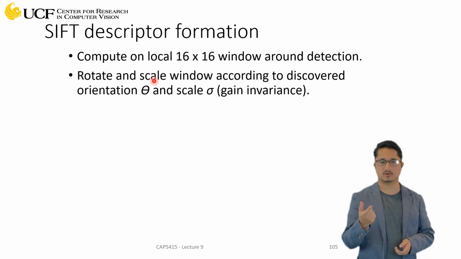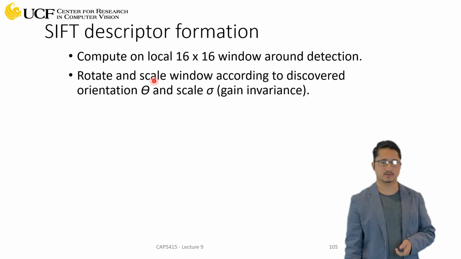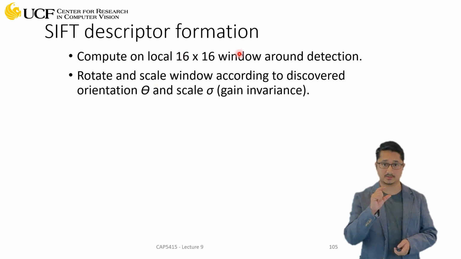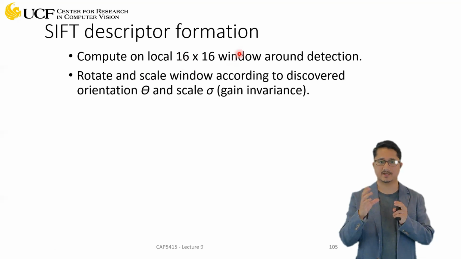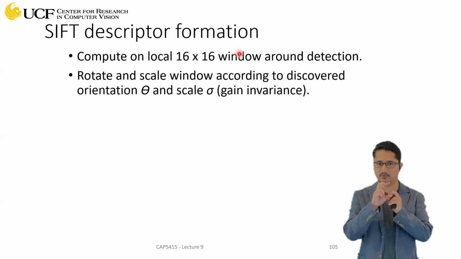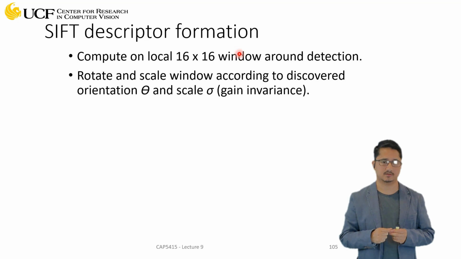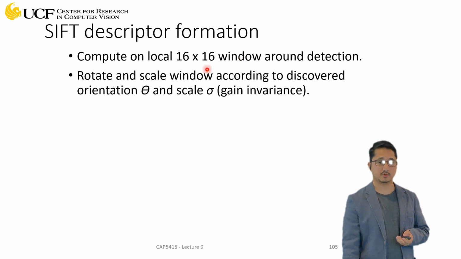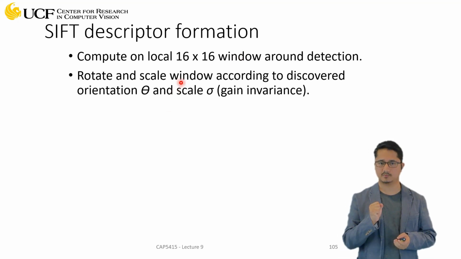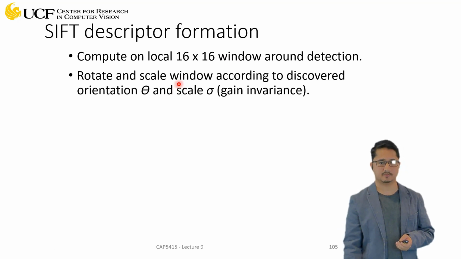So you will take that into account and you will crop the 16 cross 16 window based on that scale. For example, if the scale is very big, your patch size will be big, but again, you will have to do some adjustments. You can select resizing to make it 16 cross 16. If the scale is very small, in that region you might not have 16 cross 16 pixels.